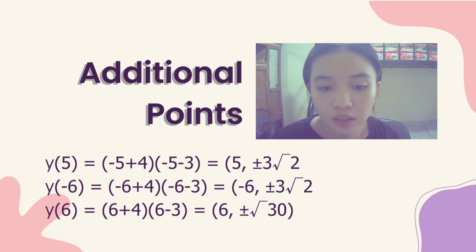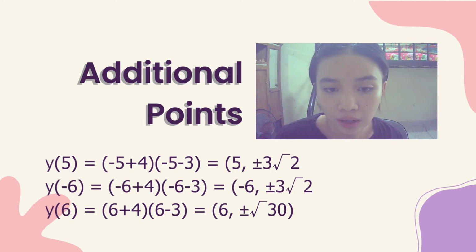Once na matapos na tayo sa pag-determine ng extent ng ating curve, magpo-proceed naman tayo sa pagkuha ng additional points. Now, we have three certain values, and isa-substitute natin siya sa factored form ng ating equation. The first value that we have is positive 5, which gives us negative 5 plus 4 times negative 5 minus 2. And the kalalabasan niya is positive 5 and positive negative 3 square root of 2.